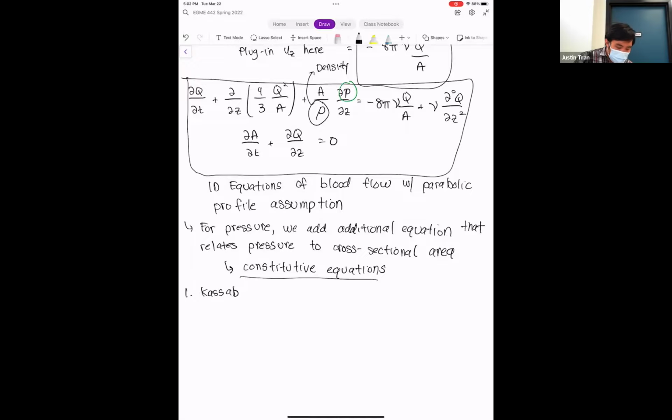Right, and so the first equation that we have is Kasab, and his equation says that the pressure minus some reference pressure is equal to the Young's modulus of the vessel wall multiplied by H0, which is a reference thickness of the vessel wall, divided by R0, multiplied by the square root of the area divided by A0 minus 1.